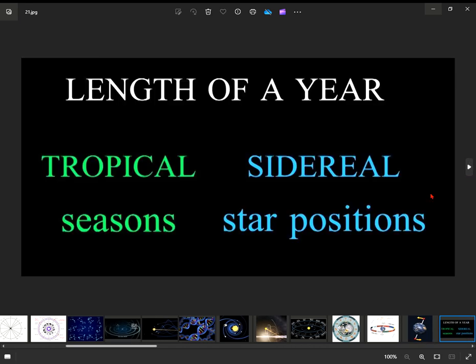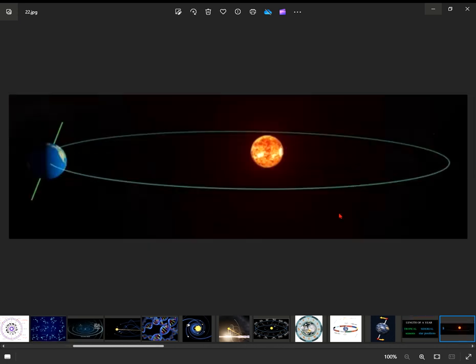It's time to introduce two new concepts: the tropical year and the sidereal year. A solar or synodic year, also known as the tropical year, together with the tilt of the Earth, gives us the 4 seasons of the year.